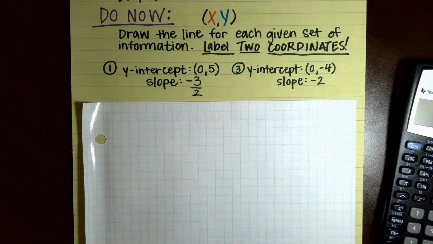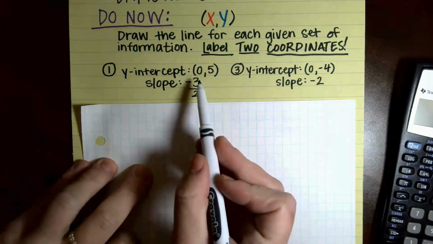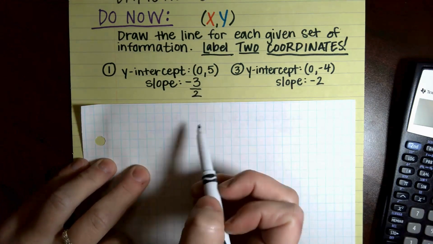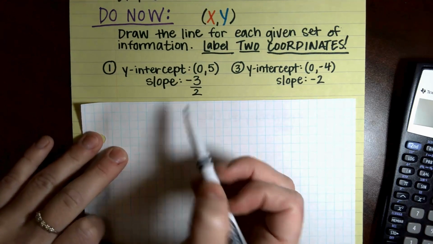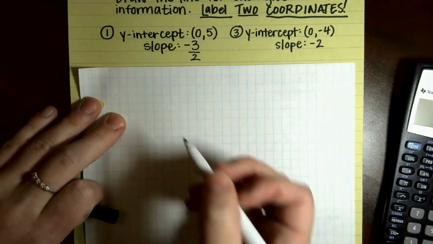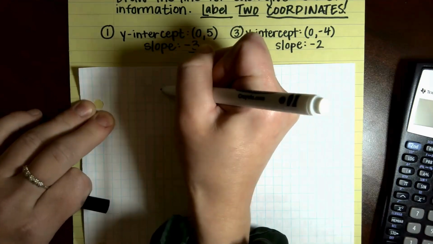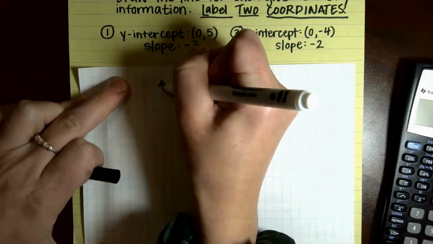Okay, so for number 1, we are given our y-intercept of (0, 5), and our slope, which is -3/2. So I'm going to start by drawing my x and y axis.